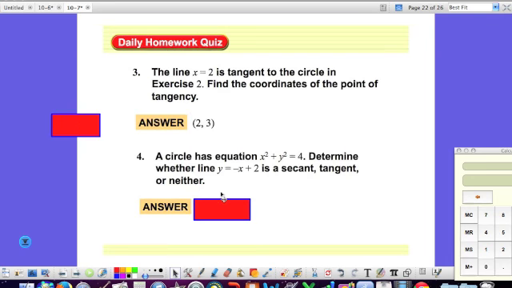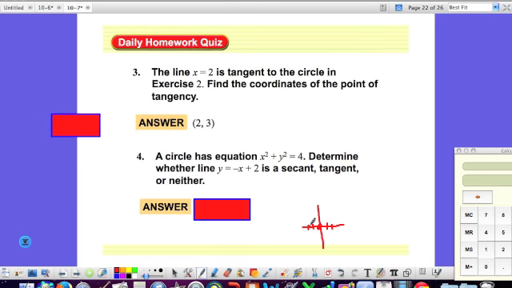And now a circle has an equation of x squared plus y squared equals 4. Determine whether the line y equals -x plus 2 is a secant, tangent, or neither. So first of all, I'm going to have a circle at (0, 0). If the radius is 2, then it's going to extend 2 out on either side.